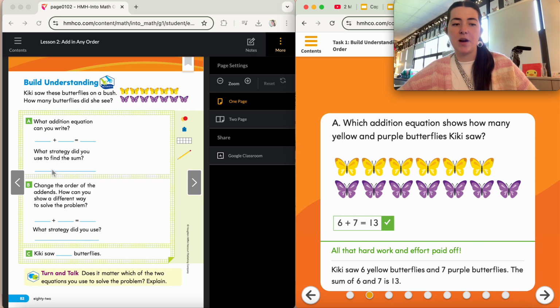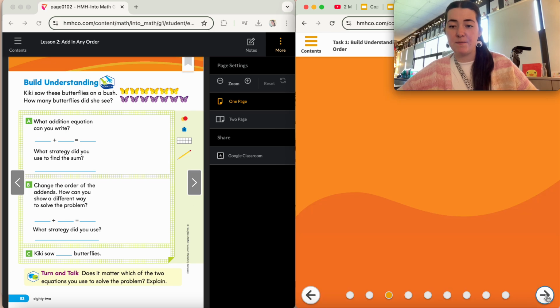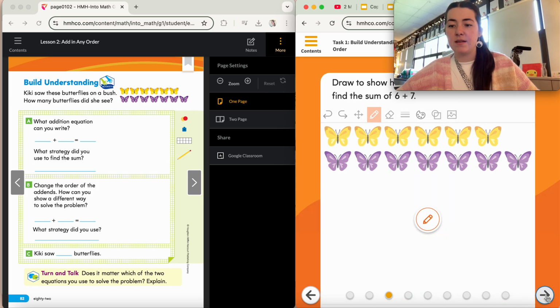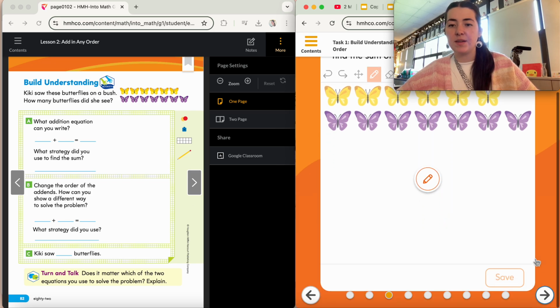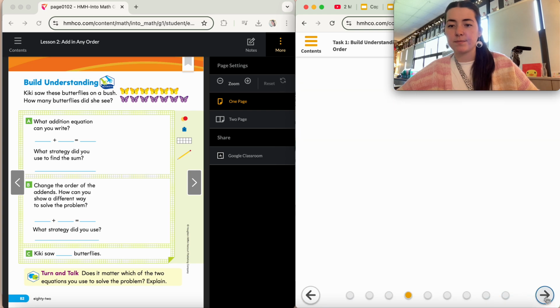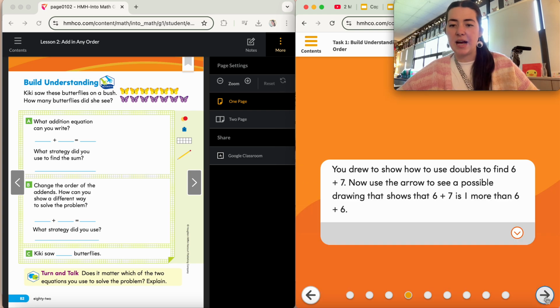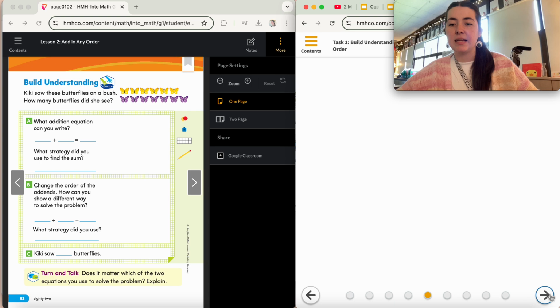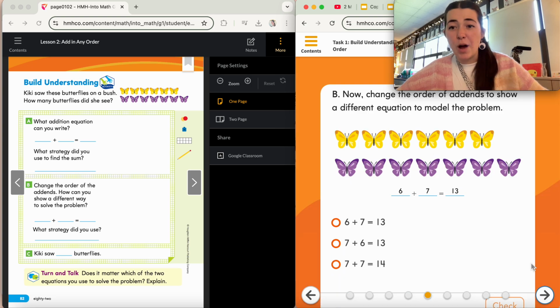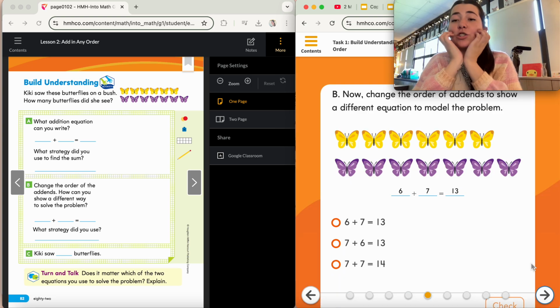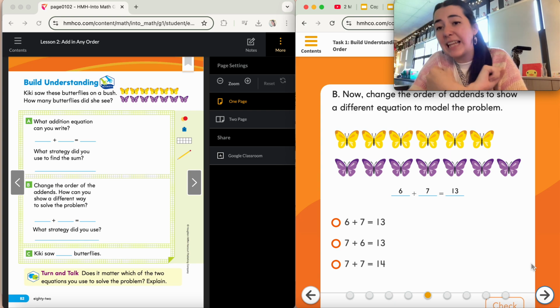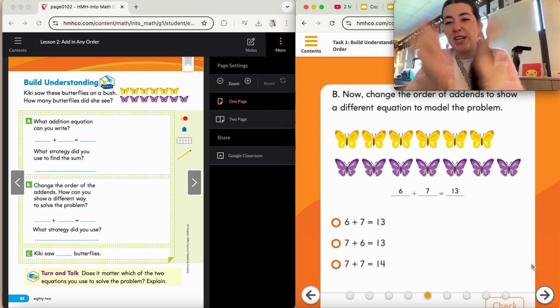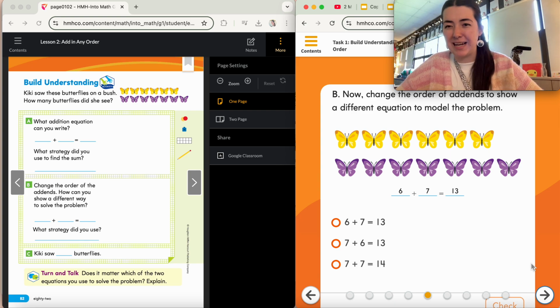We're going to skip this part and we're going to go down to part B. Now we need to change the order. So our addends need to flip around and change spots, kind of like we were switching spots in line.